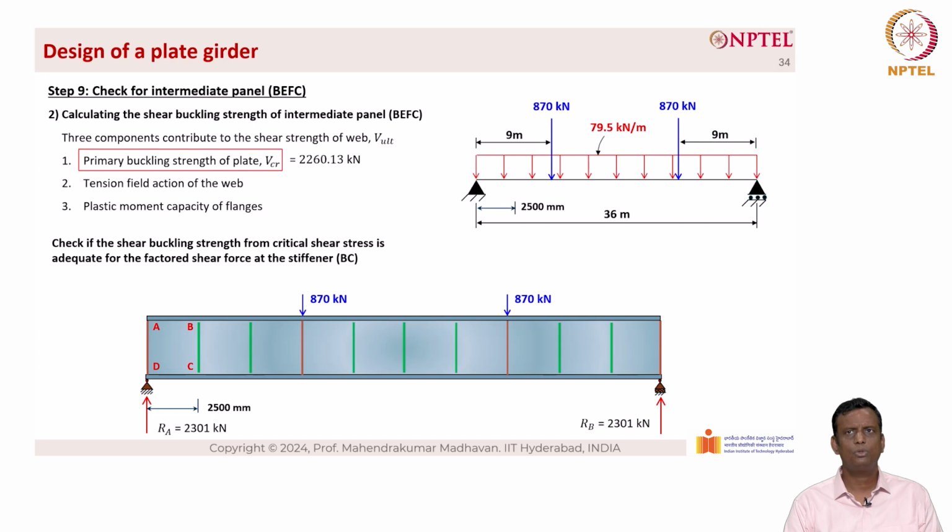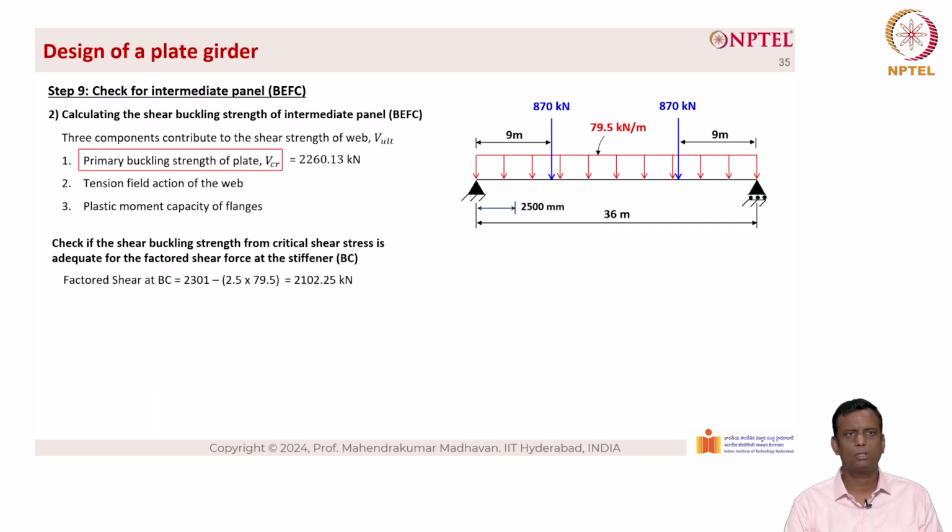When we do so, we see that the factored shear at BC is equal to 2301 minus 2.5 into 79.5. 79.5 is the UDL, and 2.5 is 2.5 meters, which is the spacing between the support and the location of the stiffener BC. So that gives you the value 2102.25 kilonewton.